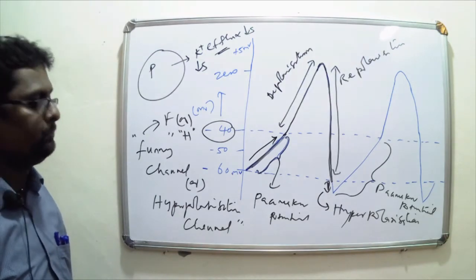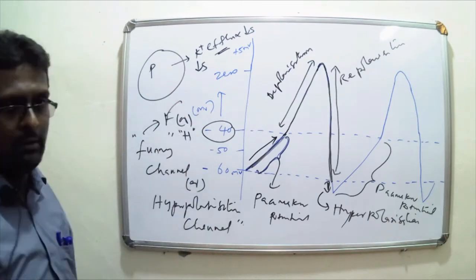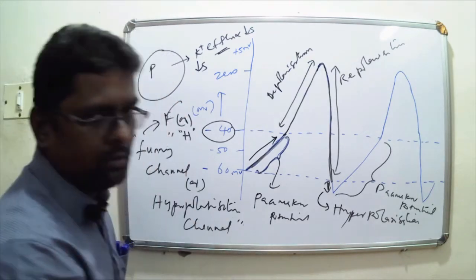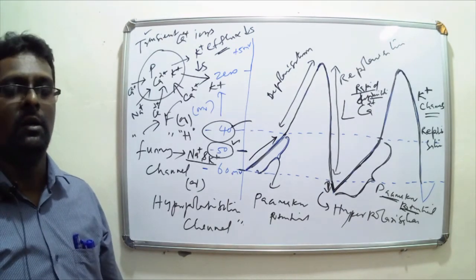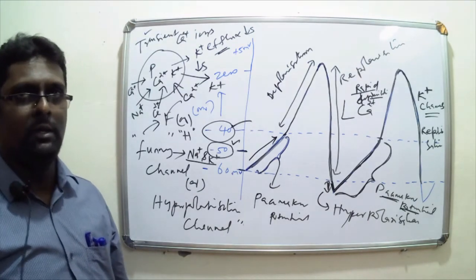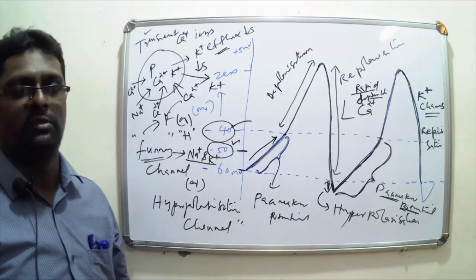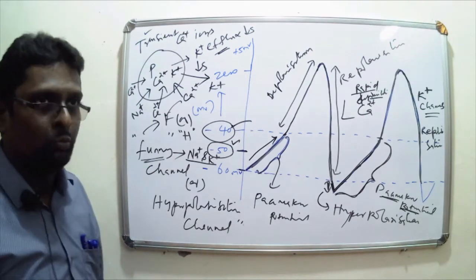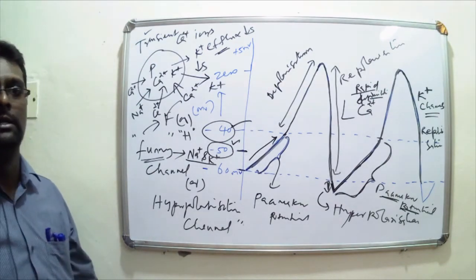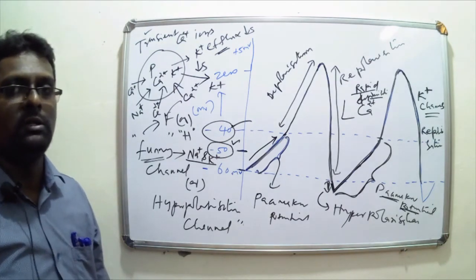So this F channel gets activated by hyperpolarization. These channels are called funny channels because what is funny here is that these channels get activated by hyperpolarization, unlike what happens in other cells. That is why these channels are also called funny channels.